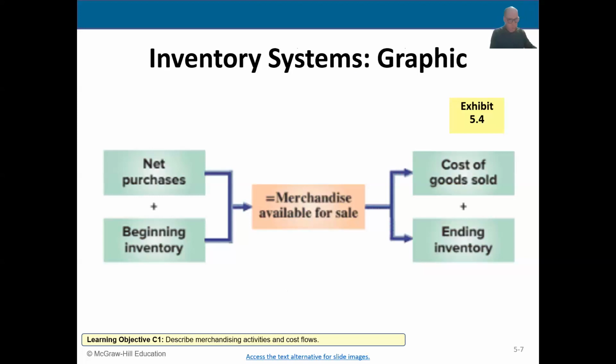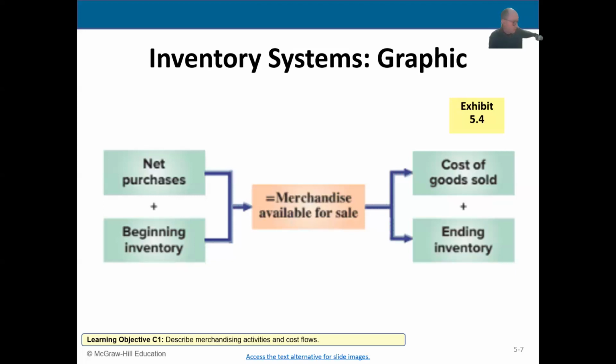This is a flow chart, if you will. This flow chart shows how our inventory works. We purchase inventory every single month. And every single month, we also have a beginning balance of inventory.